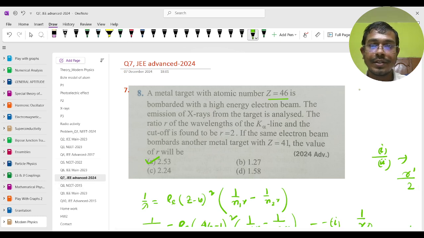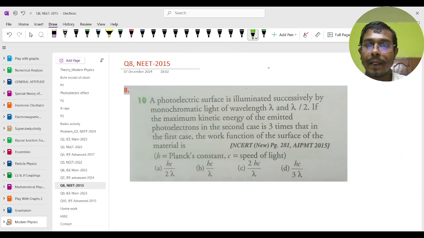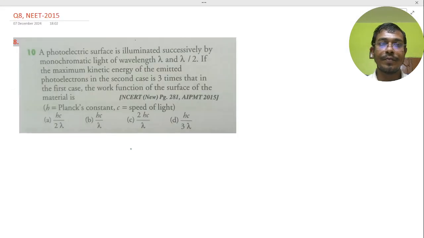So our next question in NEET exam, most important questions. A photoelectric surface is illuminated successively by monochromatic light of wavelength lambda and lambda by 2. If the maximum kinetic energy of the emitted photoelectron in the second case is 3 times that of the first case, we have to find the work function.